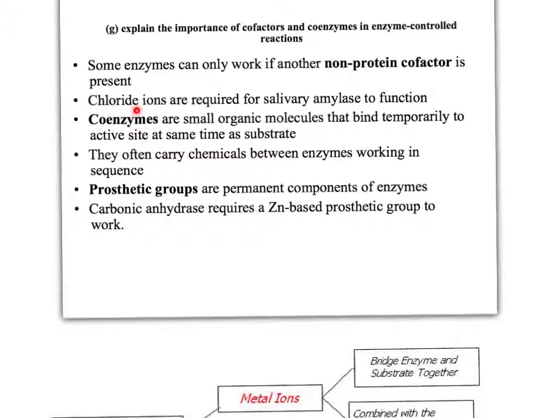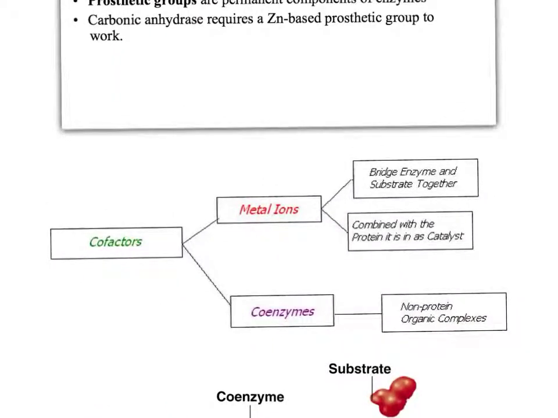If we look here, we've got cofactors which can be broken down into either inorganic or metal ions. They don't have to be metal ions, they can be inorganic ions. What they do is either bridge the enzyme to the substrate, attaching the enzyme to the substrate, or combine with the protein and act as a catalyst within that protein.